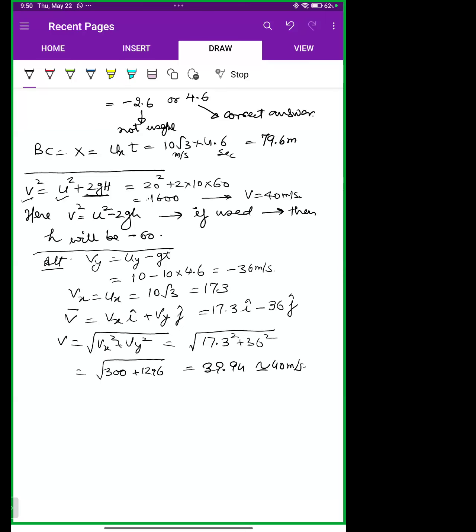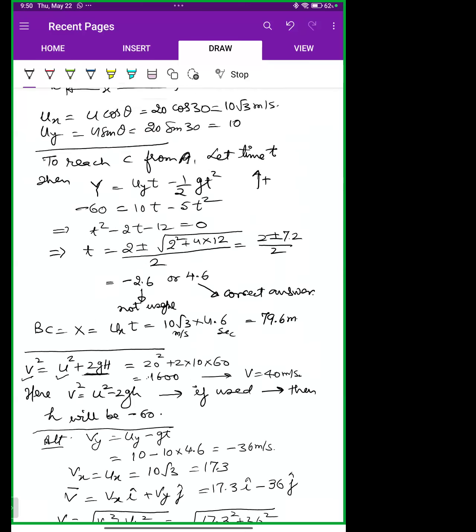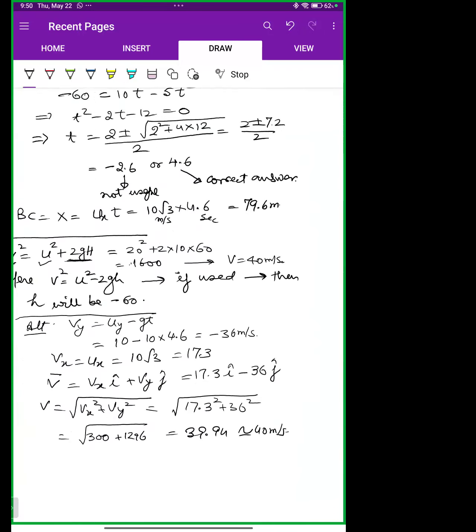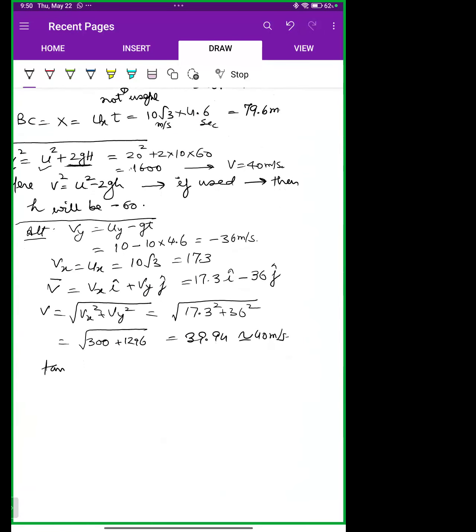So now can you calculate the theta? This is not vertical. Magnitude of tan theta is equal to Vy by Vx. Vy is 36. Take just the magnitude because you have already shown the direction. Divide by 17.3.